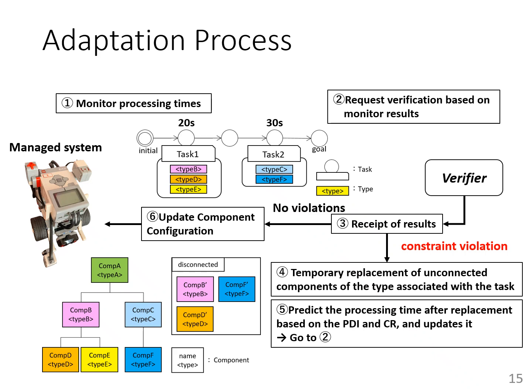This is the adaptation process using our framework. The adaptation process begins with monitoring the processing times of tasks during execution. Then the verifier checks whether the measured processing times satisfy the predefined time constraints or not.